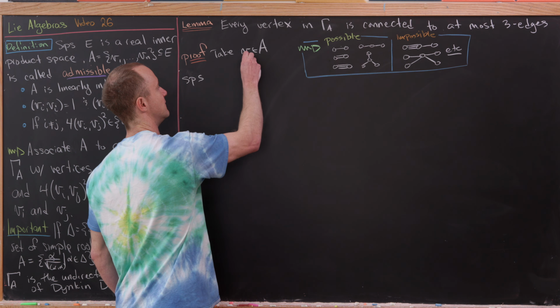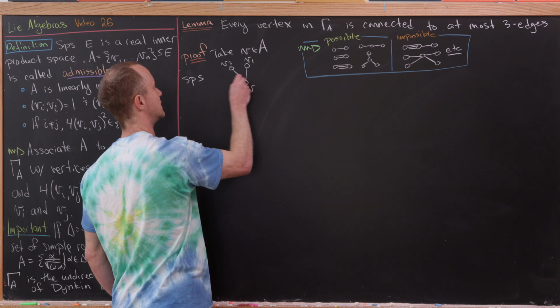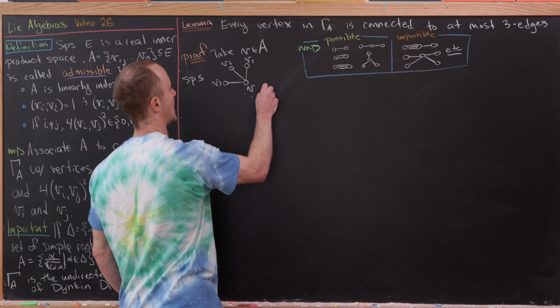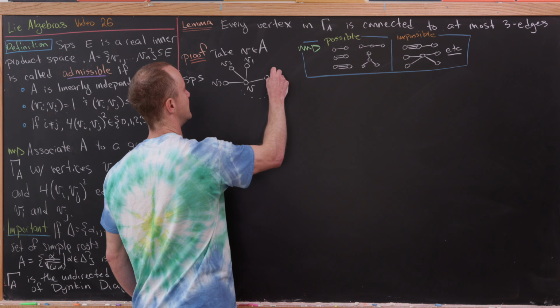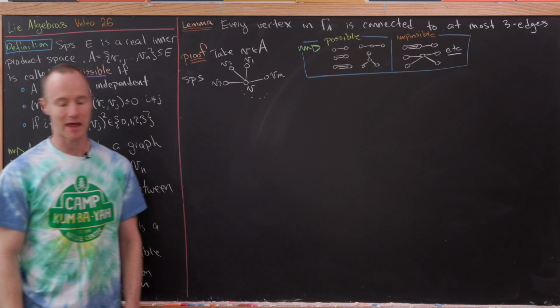We have maybe a V1 that it's connected to right here, a V2 right here, a V3 right here, and then coming around the circle, a Vm right here. So it's connected to m edges.